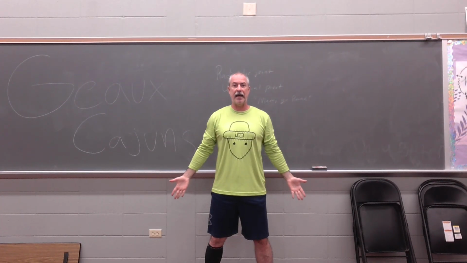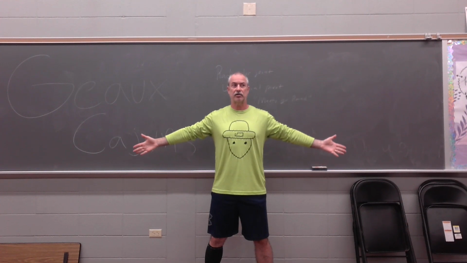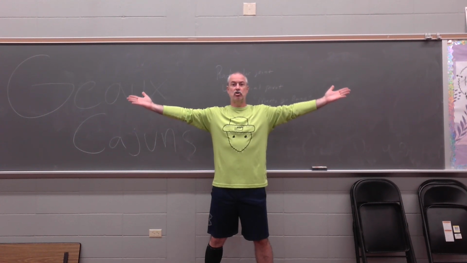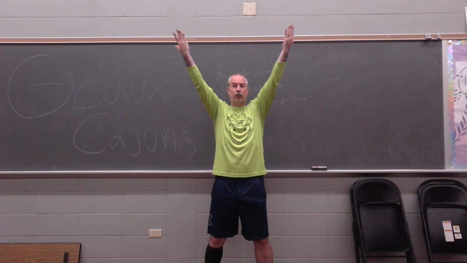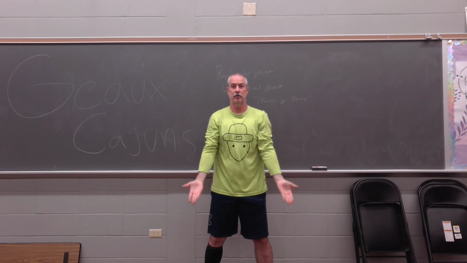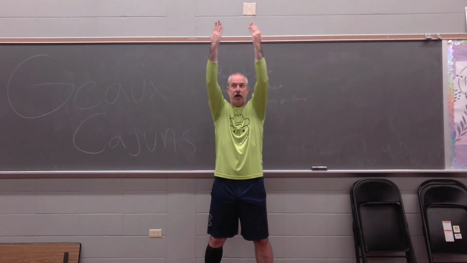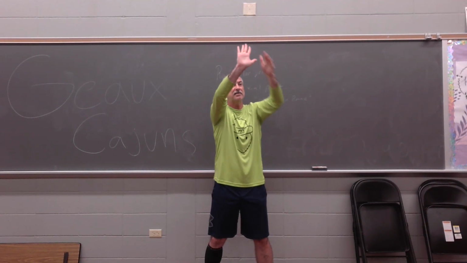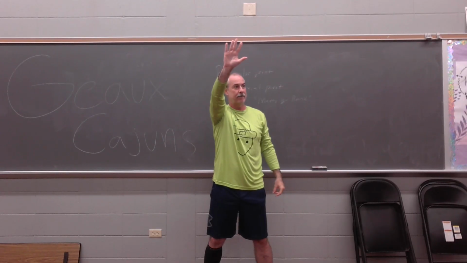So if I laterally flex or abduct, and I don't pronate or supinate, it makes sense you're going to see the back of my hands. So I actually pronate while I bring my arms up so that you can keep seeing the front of my hands.